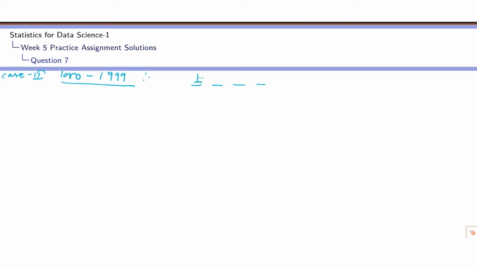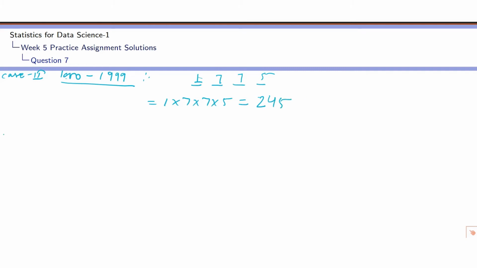And for the second and third place, we have all the choices from 0 to 9 except 3, 5 and 7, that is 7 choices. So the second place has 7 choices and the third place also has 7 choices. And for the last digit it should be an even number, so it has 5 choices. So the number of integers between 1000 and 1999 will be 1 into 7 into 7 into 5. That will be 245 numbers.